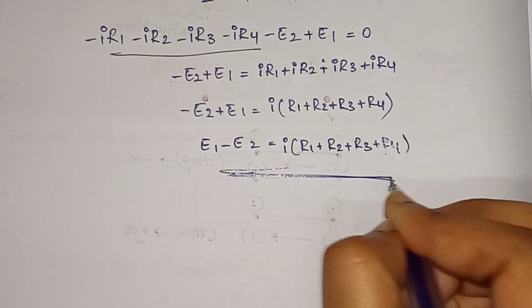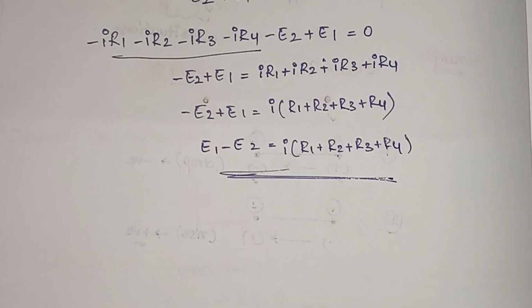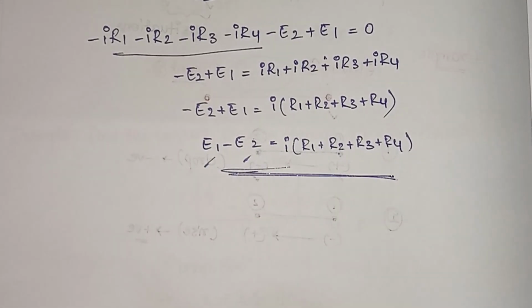This is the final equation we are getting. So what will happen is, the main equation is, here E1 and E2 are our batteries.